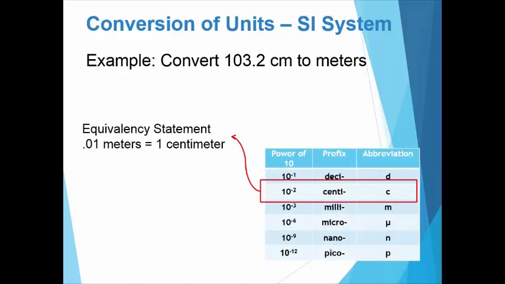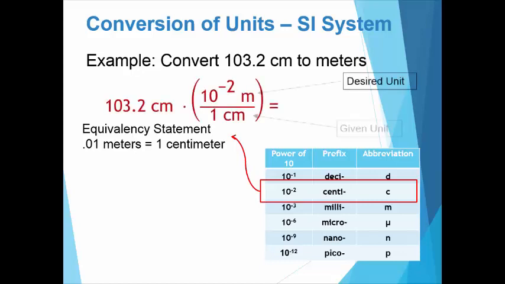So let's convert. I want to convert 103.2 centimeters to meters. My equivalency statement. Well, let's look at our chart. Remember, I give you this chart so that I can find centimeters. That's the same as 10 to the negative 2 meters. So that's 0.01 meters is equal to 1 centimeter. My equivalency statement. Now, conversion factor, desired over given.